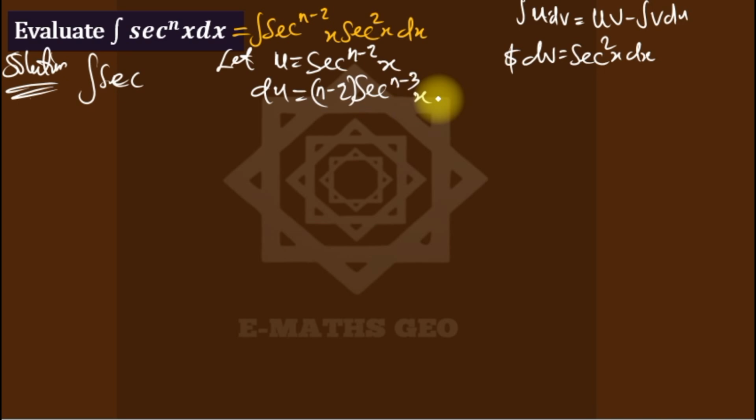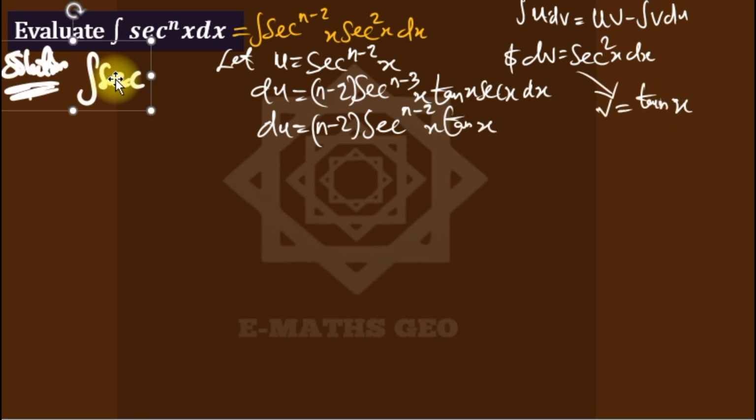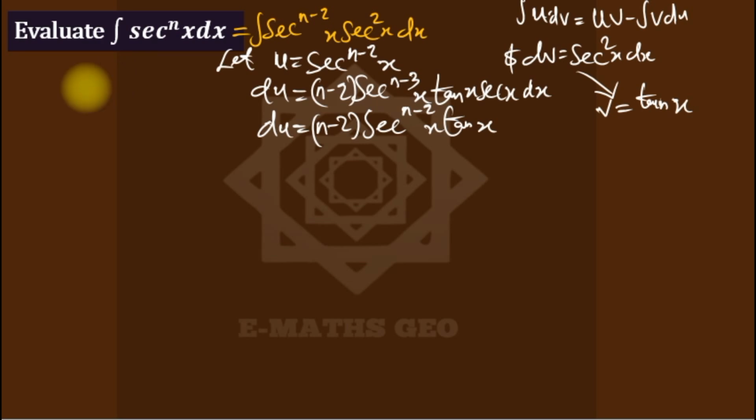Let's simplify further, because we have this and this, so we have n minus 2 sec to the power n minus 3 plus 1, which is n minus 2, tan x. So v here is tan x. So let's now substitute.